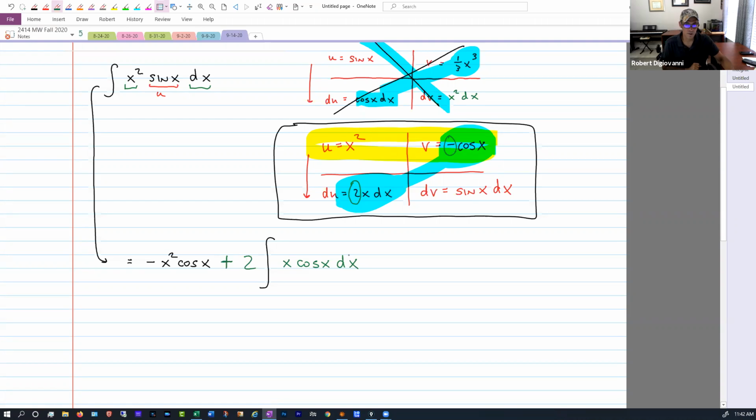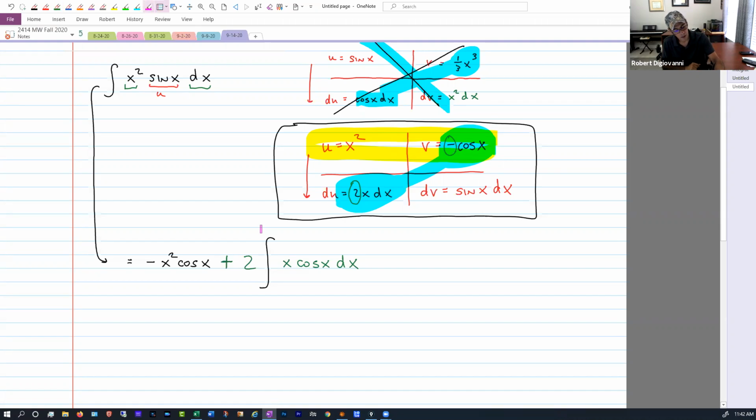Any questions? You'll notice I'm not calling on people right now, because you need to see this happen a few times before I can actually ask you for help. So now we look at this, and we say, we started with this original integral and we've got it down to this. Our new integral is better, but still we can't do it yet.